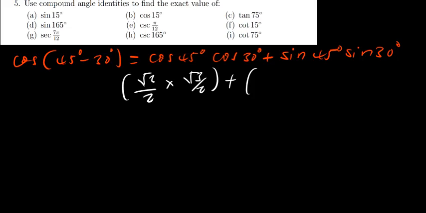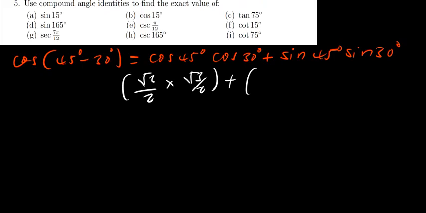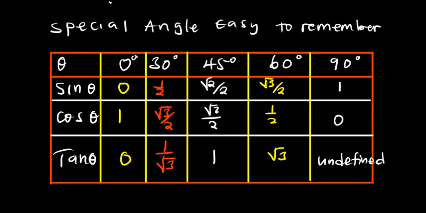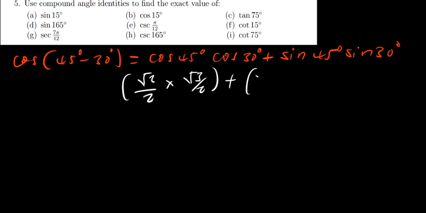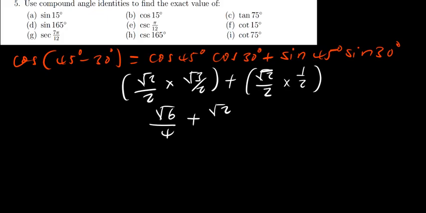Sine 45 is root 2 over 2. Sine 30 is 1 over 2. If we multiply this, we end up having root 6 divided by 4, plus root 2 over 4, which is basically the same thing, but only that here it is positive.